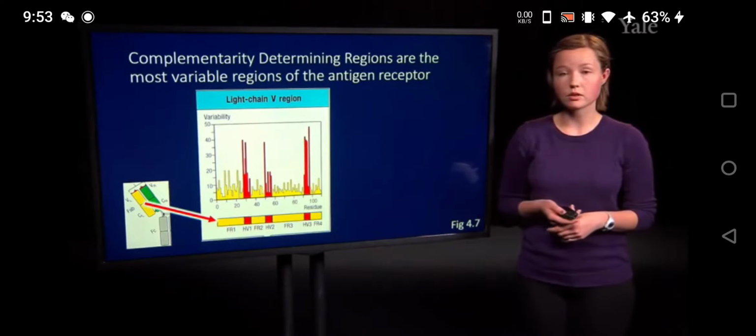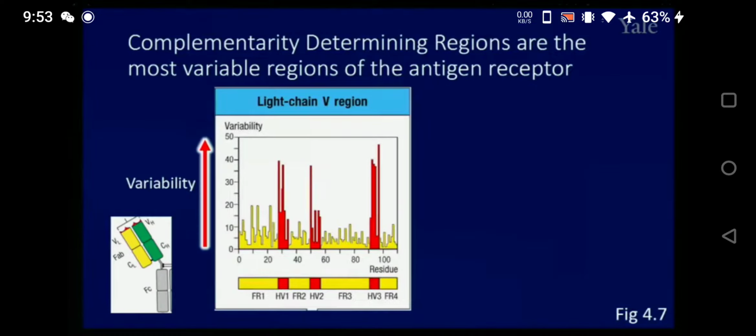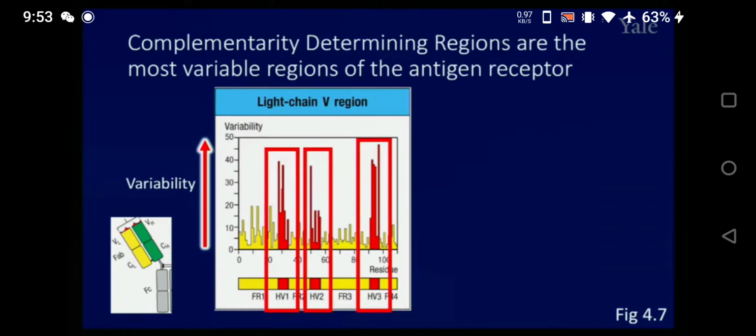And we can appreciate when we sequence these B and T cell receptors that when we plot variability, there are specific areas that have highly concentrated regions of variability, which are referred to as hypervariable regions or complementarity determining regions, or CDRs. For most of the remainder of the lecture, I will refer to these as CDRs, and when I'm talking about CDRs, this is what I'm referring to.